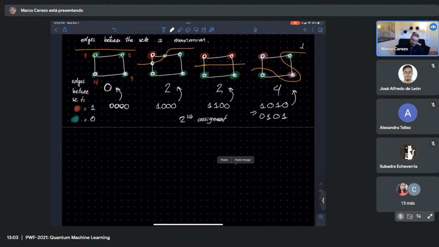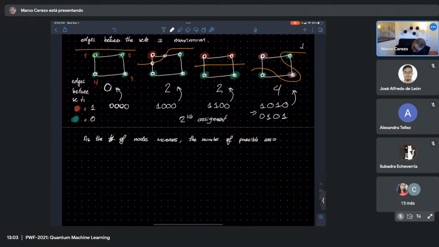As we can expect, as the number of nodes increases, the number of possible assignments increases exponentially.